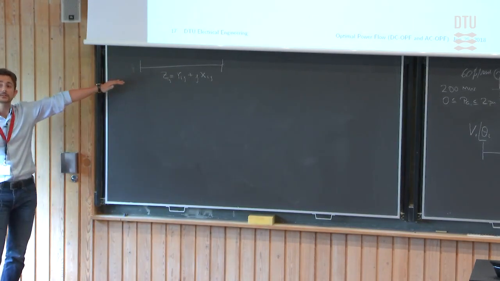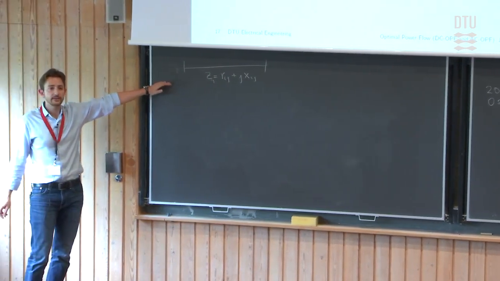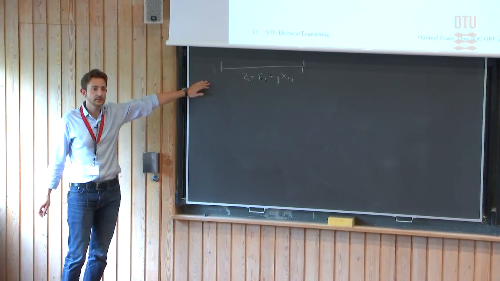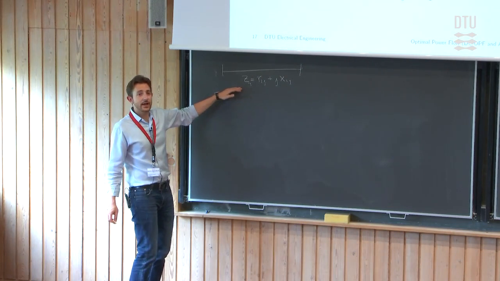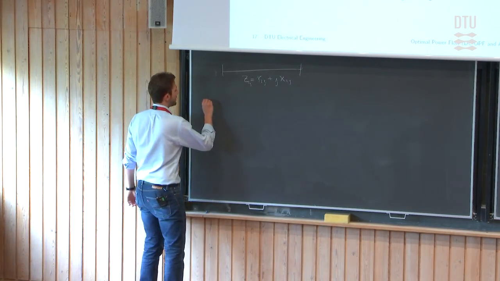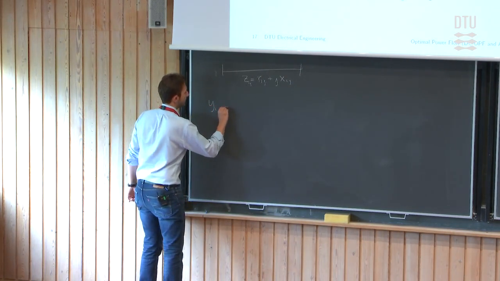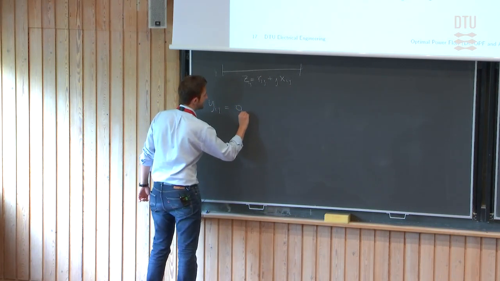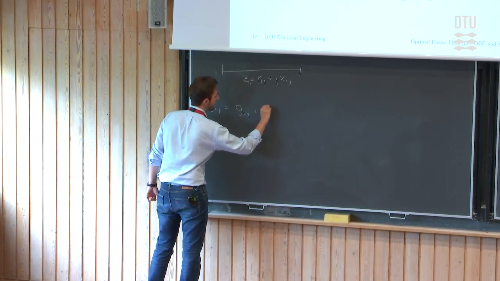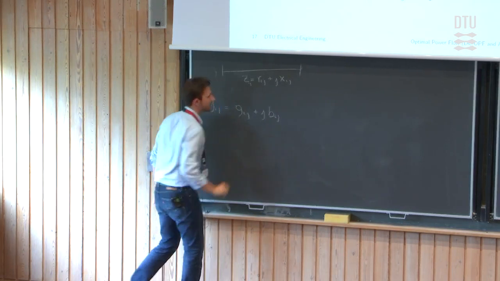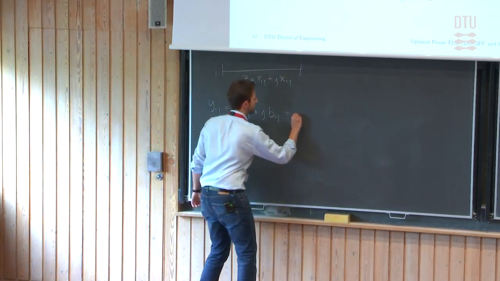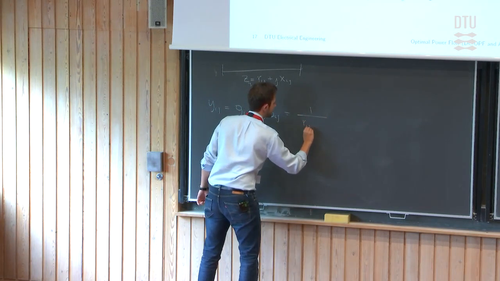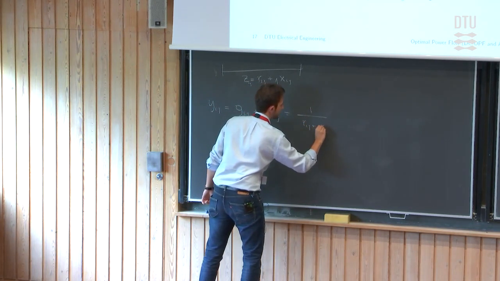That's originally how it is, the series impedance. If I get the admittance of that, my Yij is going to be my conductance Gij plus jBij. I just invert that. This is 1 over Rij plus jXij.